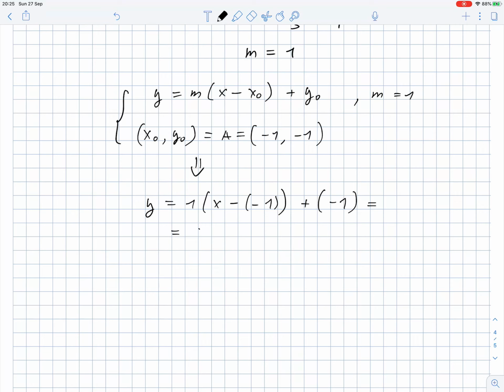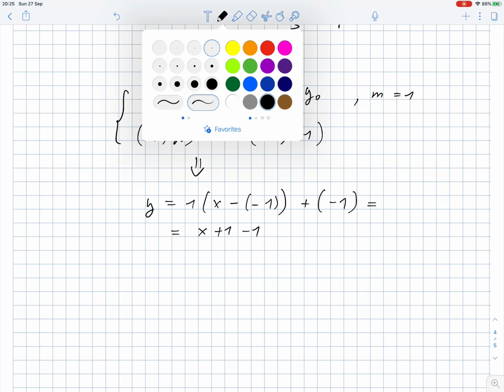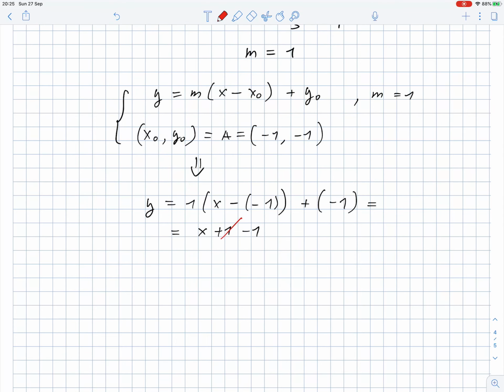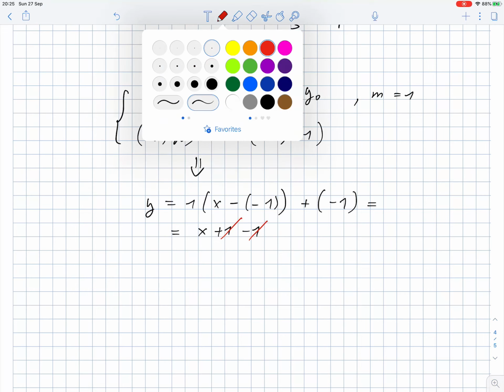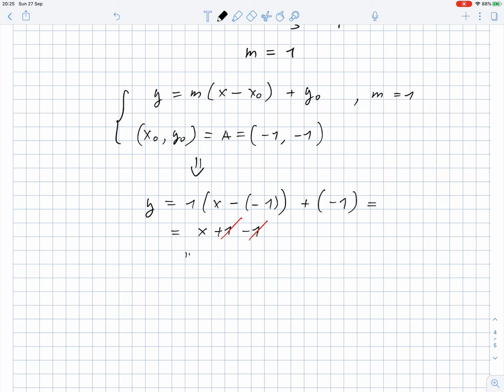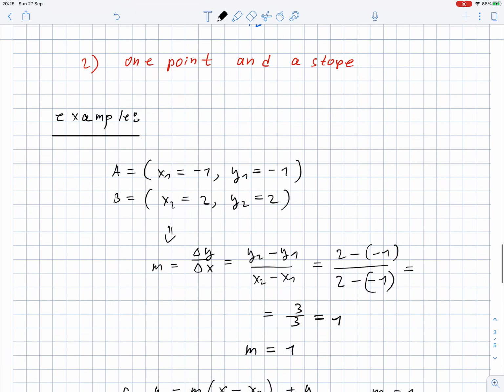Therefore, x plus 1 minus 1, plus 1 and -1 terminated, and we have y equals x, and this is our first particular linear function, particular solution for our given information about this linear function, which was 2 points.